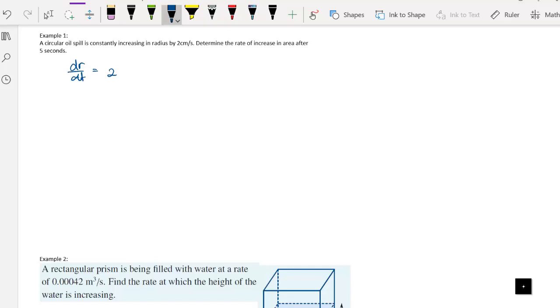We're trying to find the rate of increase in area, so dA/dt is what is unknown. And we also know that the area will be pi r squared. Now, we know that dA/dr, the derivative of A with respect to r, will be 2 pi r. And we know that we're looking at the radius being equal to 5.